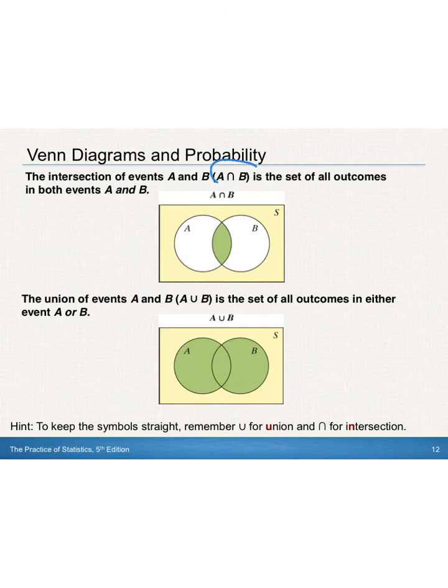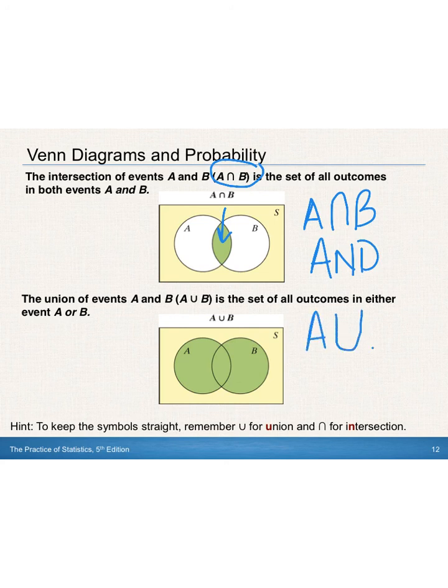Intersection, this is where I think this gets complicated. Intersection is the place where they overlap, and we use the term and when we're talking about intersection. And the union, which I think of as the U collecting everything, includes everything in A or in B, and that's when we start paying attention to that overlap.